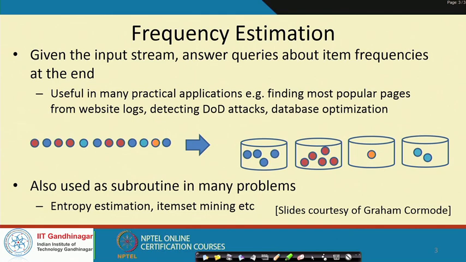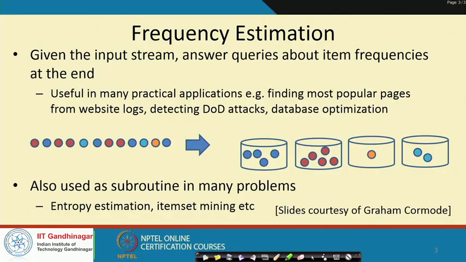In some sense, you have to create this histogram, which I have pictured as a bunch of buckets. Why is this a useful question first of all? This is obviously a very basic question that you need to answer in most data analysis tasks.